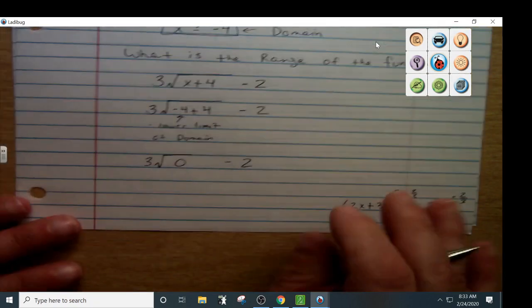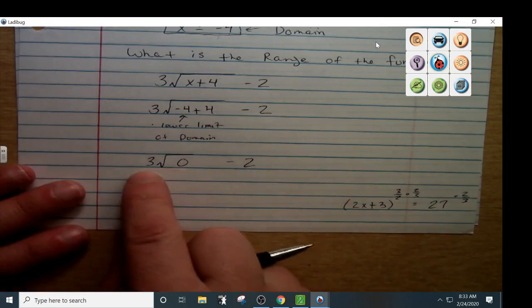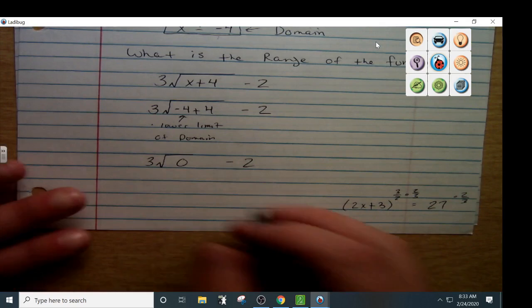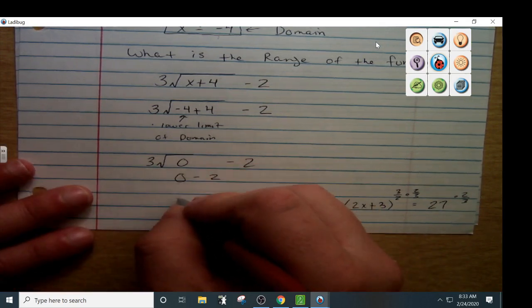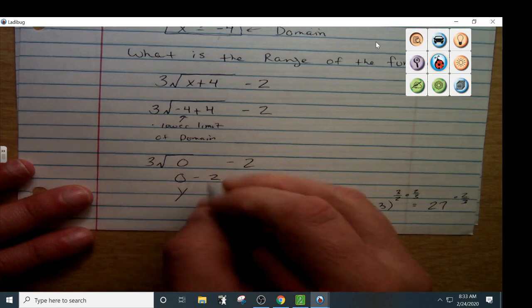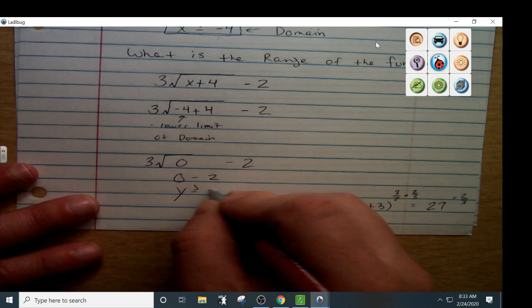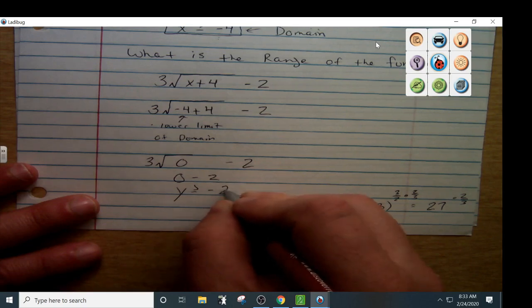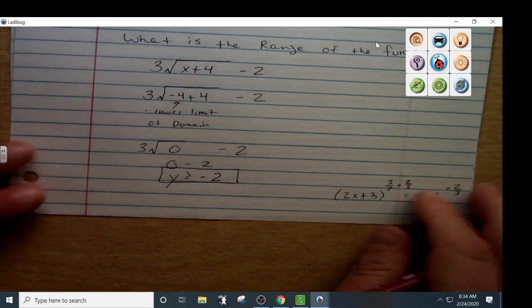Now, 3 times the square root of 0 is 0. That's your range.